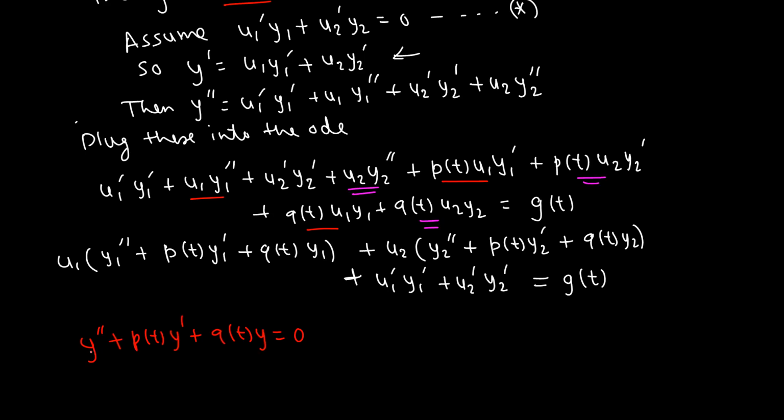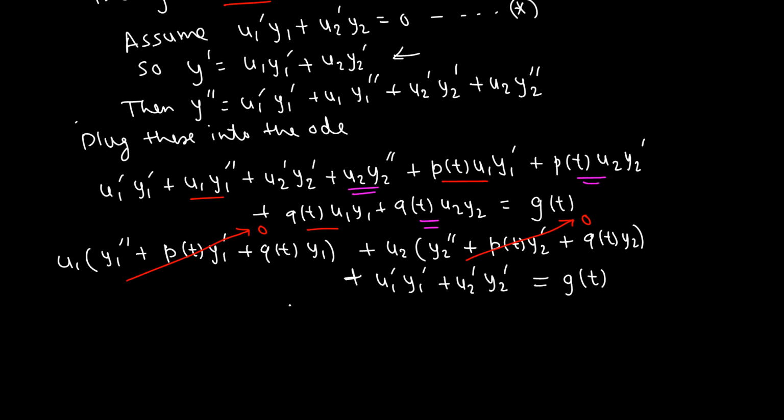That means when we plug in y1 into the left hand side, that should be 0. So we have exactly the same thing here, y1 double prime plus p(t) y1 prime plus q(t) y1. So the whole thing collectively goes to 0. Similarly, y2 is also a solution, so it collectively goes to 0. Okay, that's the definition of being a solution.